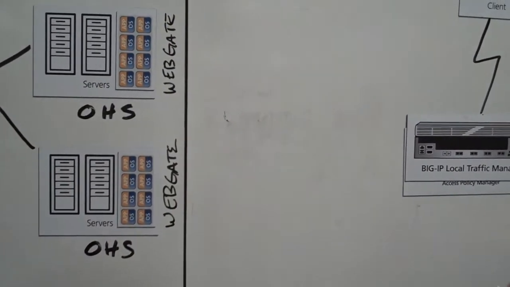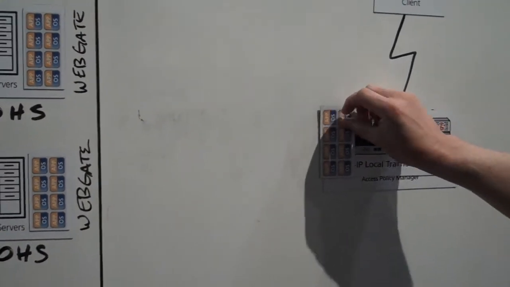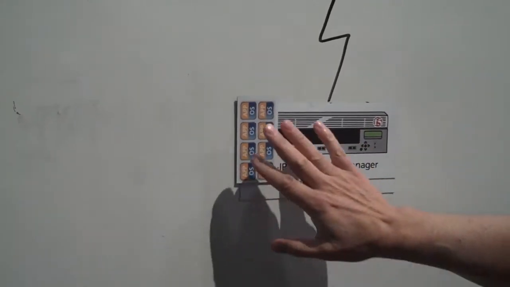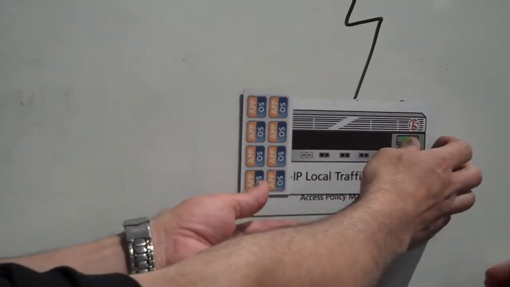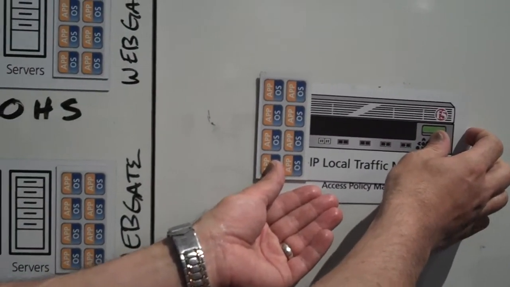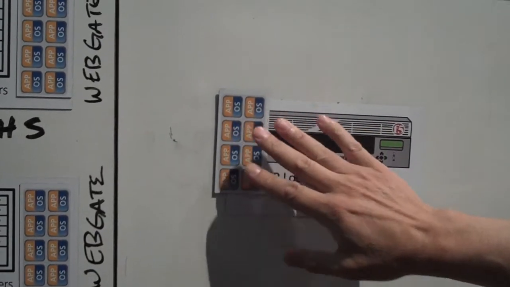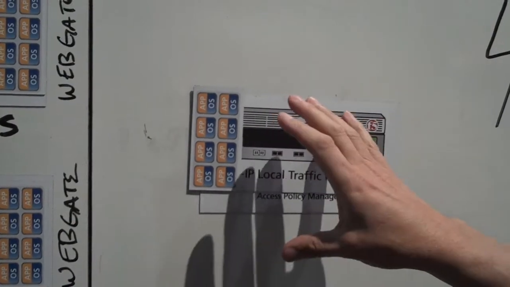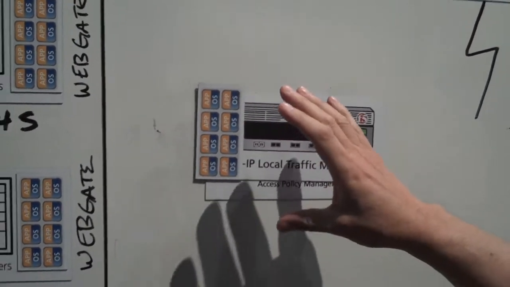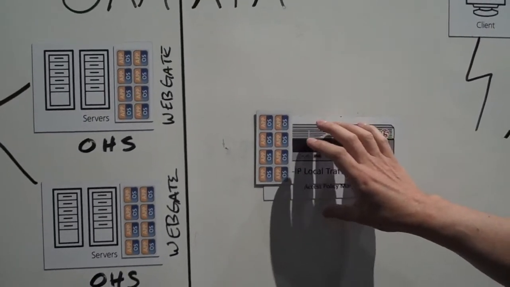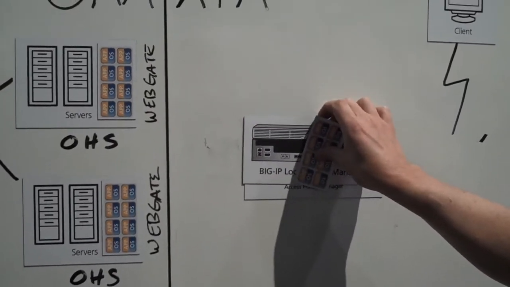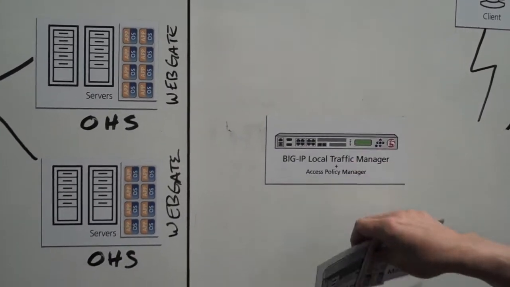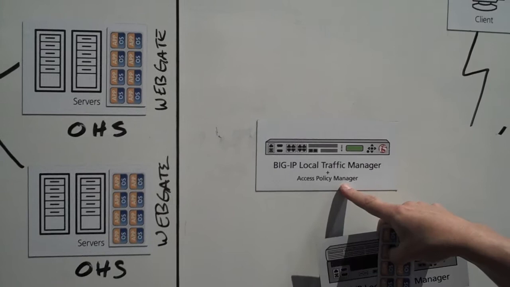Now the Access Gate software is loaded onto the BIG-IP. Again, we're using Oracle's Access Gate software development kit. It's actually running on the BIG-IP platform, and it's a new module called Access Policy Manager.